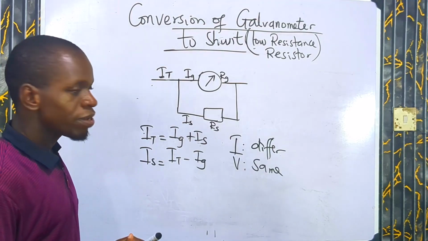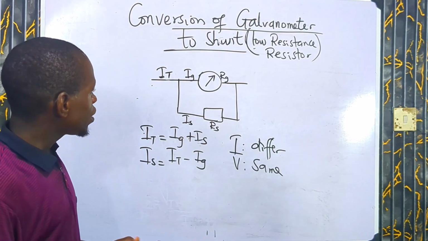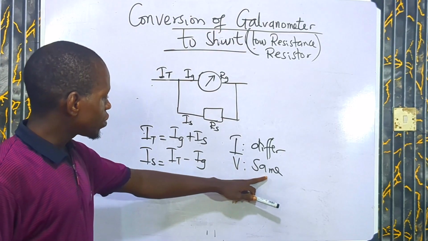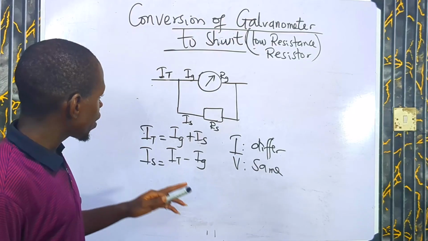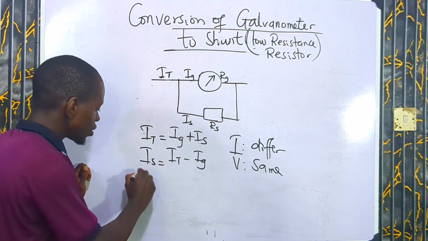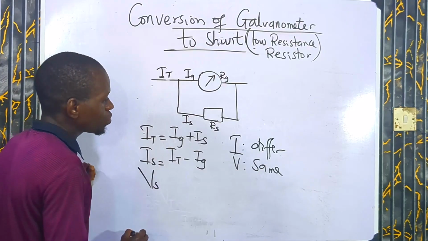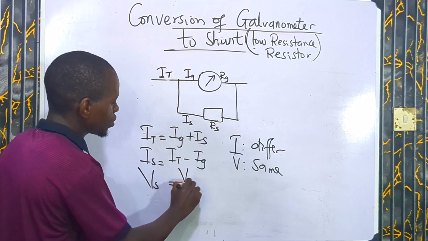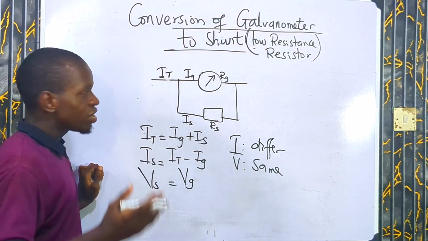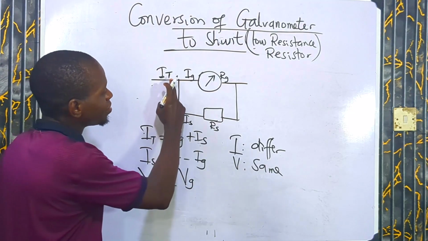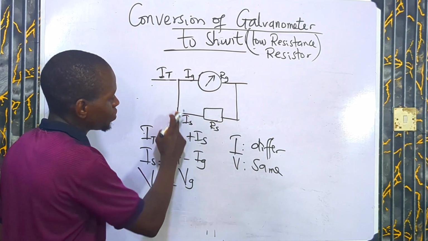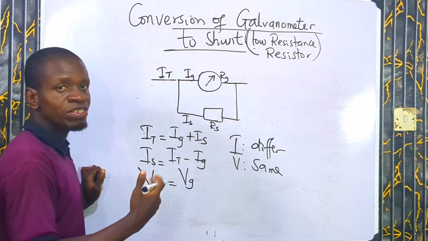Since both of them have the same voltage, I can say that the voltage across my shunt is equal to the voltage across my galvanometer. Yes, I can say that because both of them have the same voltage. The same voltage that went into here is the same voltage that went into here, but the current will differ.